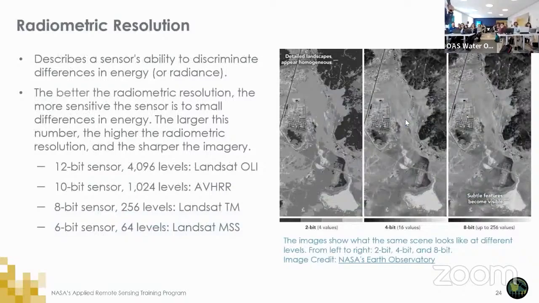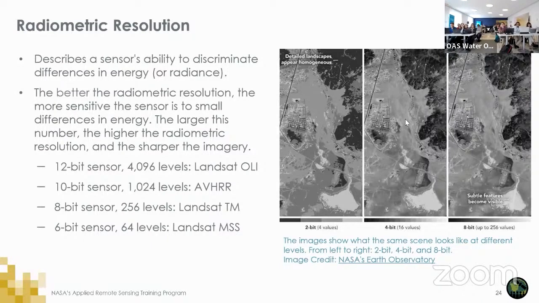If you have a 12-bit sensor, which is on the Landsat OLI, one of the most recent instruments, on the Landsat 8 mission, and Landsat 9 has OLI-2, that 12-bit sensor is able to capture a lot more of the radiant energy than something that has, say, and this is a good example of this, the 2-bit is only able to capture, let's say in the panchromatic spectrum, only 4 tones. Whereas if you have this 8-bit, you can have up to 256 values, digital numbers, that you can store values for in every pixel.